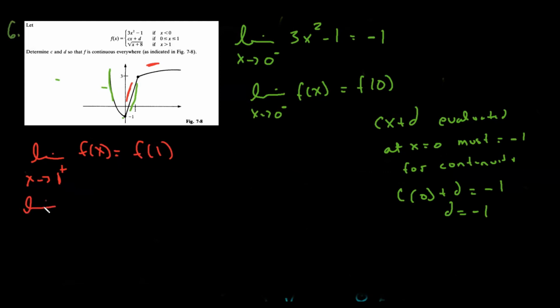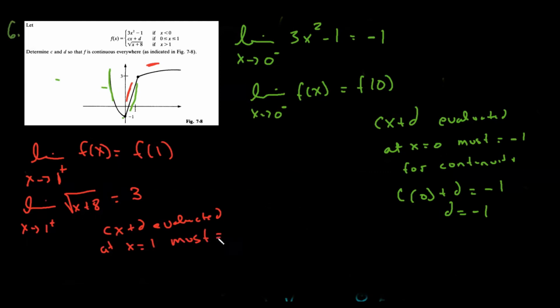So the limit as x approaches 1 plus of root x plus 8 is equal to square root of 9, which is 3. So for continuity, cx plus d, you can write it in words again, evaluated at x equals 1 must equal 3 for continuity.